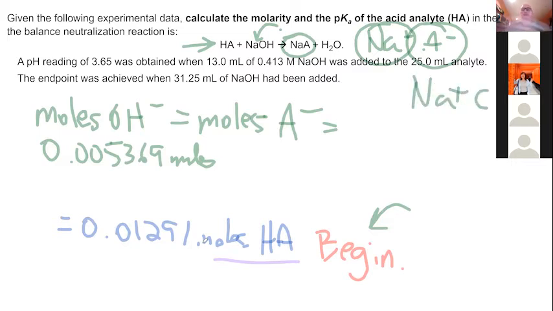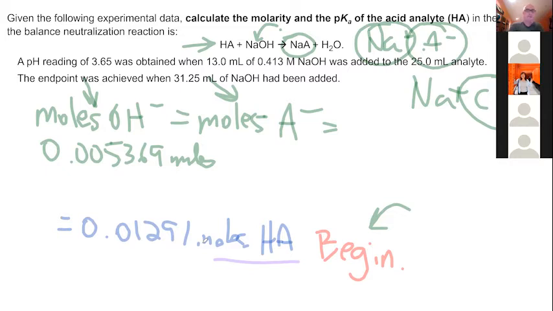So the A minus is the conjugate base, whatever was attached to the H plus at the beginning. Every time we add a molecule of OH minus, we create a molecule of A minus as well. So however many moles of hydroxide we've added, we've created the same number of moles of A minus. That's where the A minus comes from. Does that make sense? Yes, that does. Thank you.